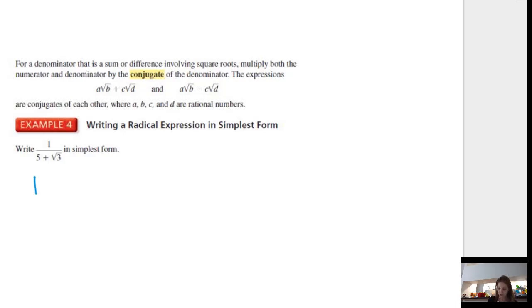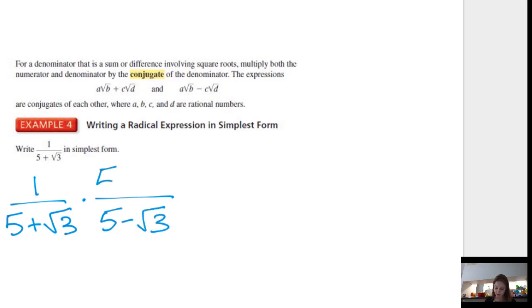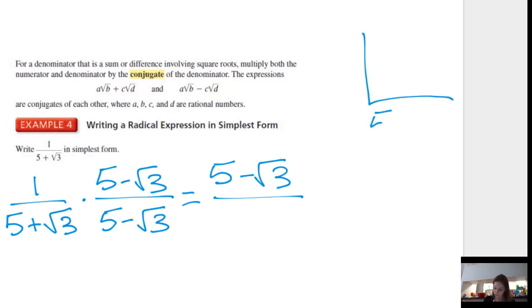So to simplify this, we want to multiply both the numerator and denominator by the conjugate of 5 plus radical 3, which is 5 minus radical 3. And so now we'll FOIL. The numerator I know is going to be 5 minus radical 3. The denominator, I am going to use the box method to FOIL. 5 times 5 is 25.